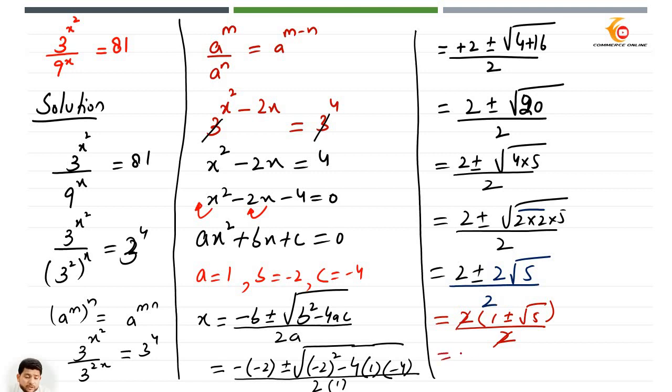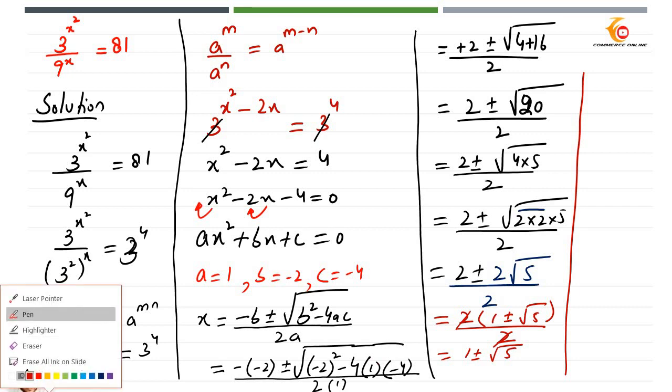So as you can see, we have 1 plus minus under root 5.